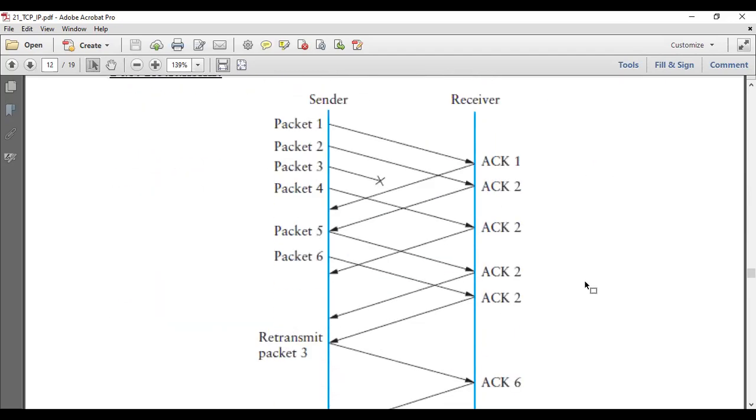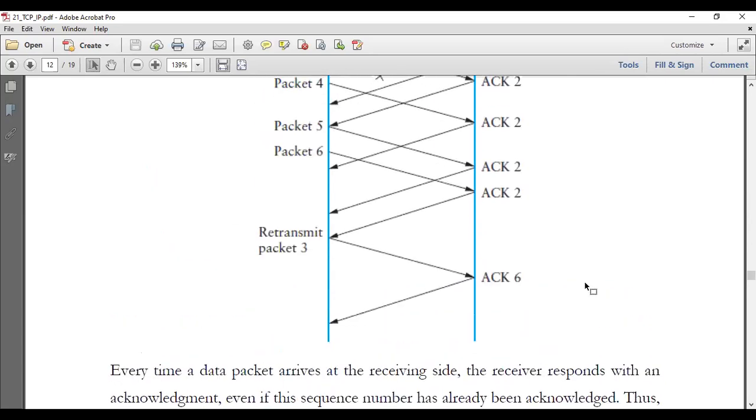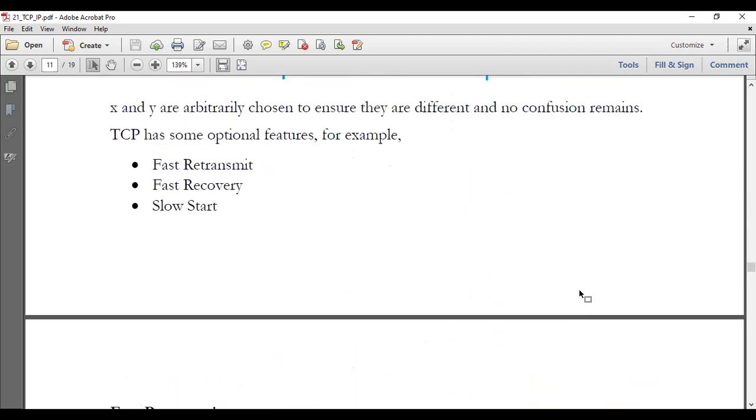Now, these voice packets in the case of IP usually take up 30 bytes. When you add IP and TCP headers, there are 40 bytes of additional header. If you use CS, then you don't have these headers.